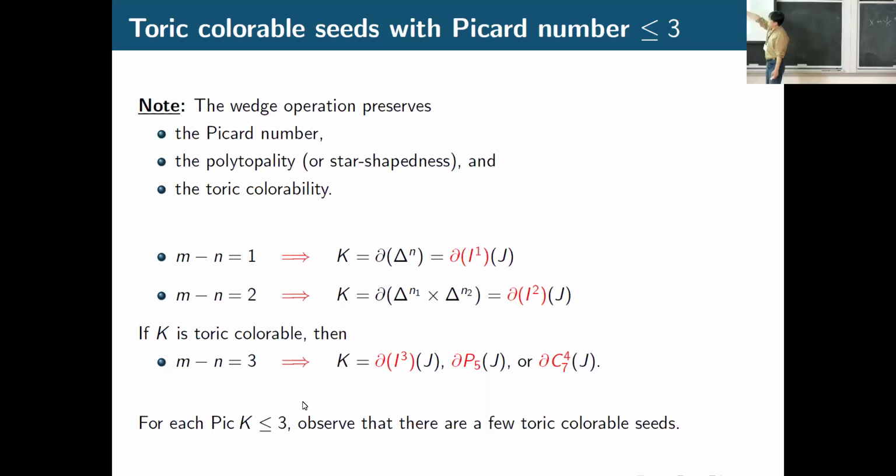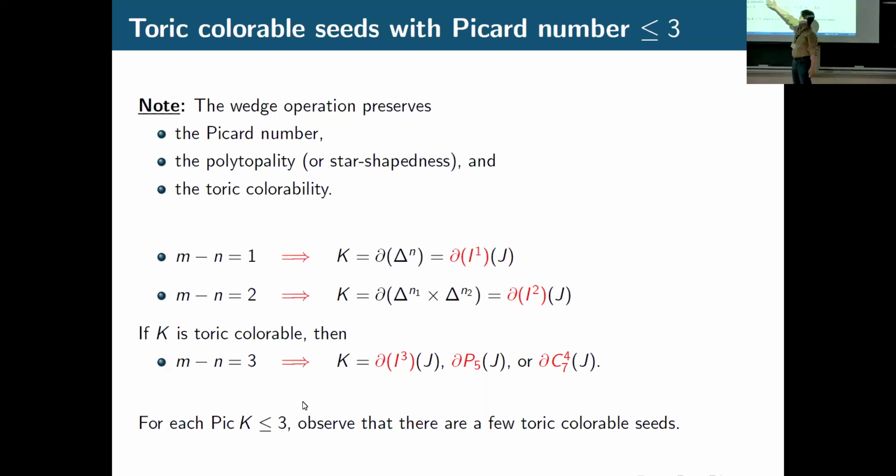But if M minus N is one, then we know that every PL sphere is the boundary of a simplex. In that case, the seed is nothing but the boundary of an interval. There is only one seed.